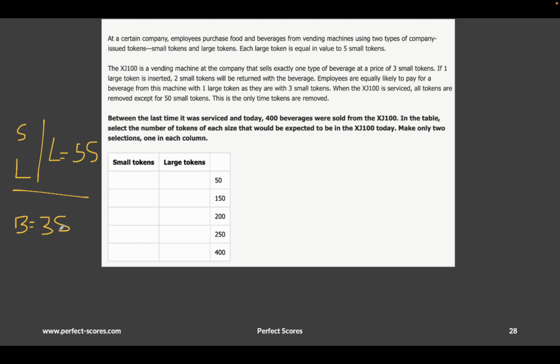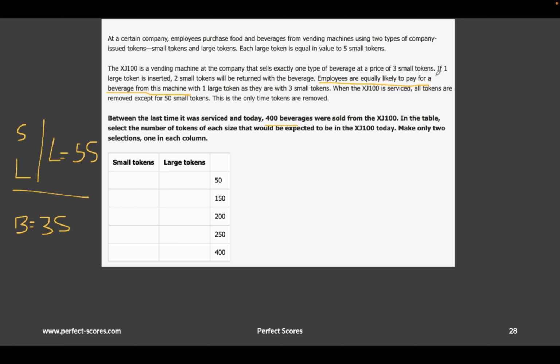Now, this is the key to the question. Employees are equally likely to pay for a beverage from this machine, so they're equally likely to pay using large tokens as well as small tokens. Once the machine is serviced, it's only given 50 small tokens. Last time it was serviced, 400 beverages were sold.